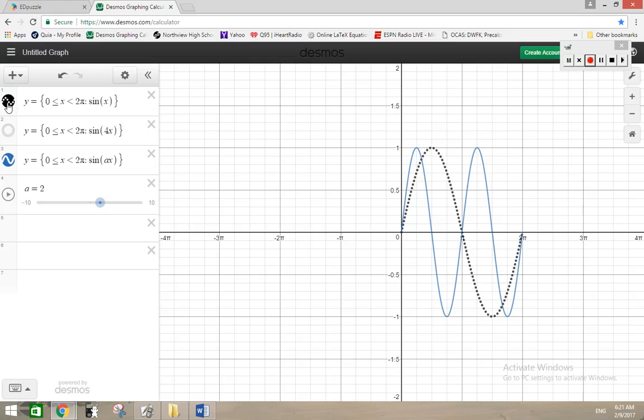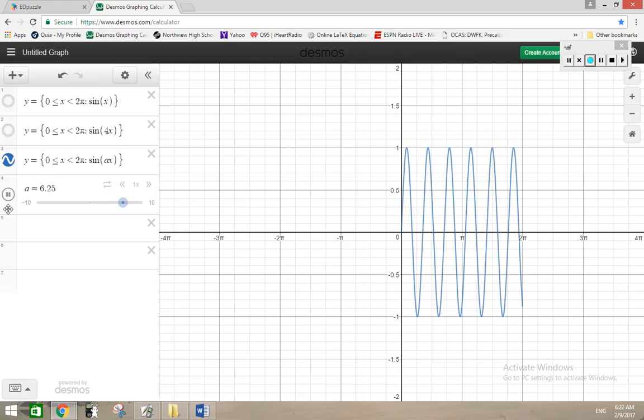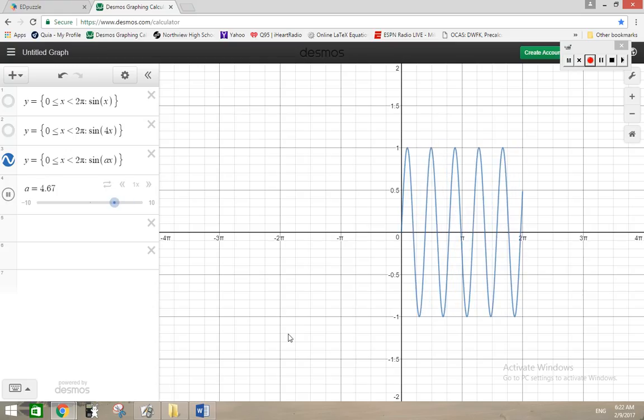I shortened the cycle, I shortened the period, and you can play around with it. I think if you hit play right here, it automatically adjusts and shows you.